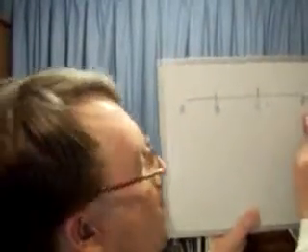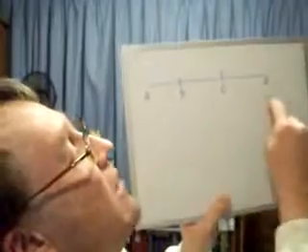So now we're saying we've got two square numbers AB and BC.